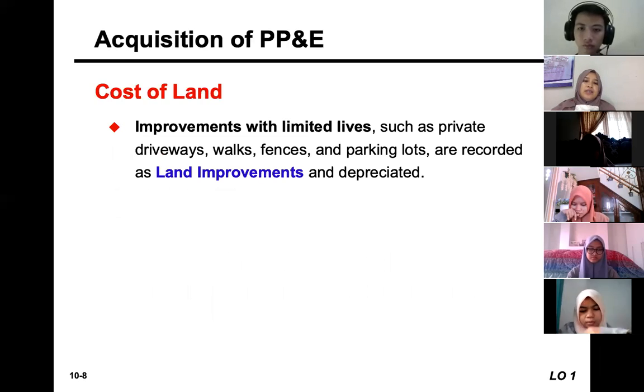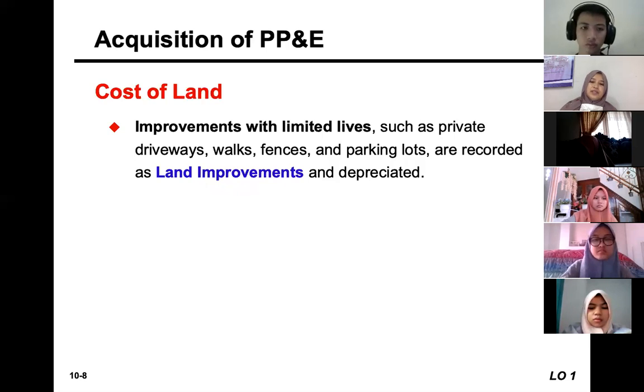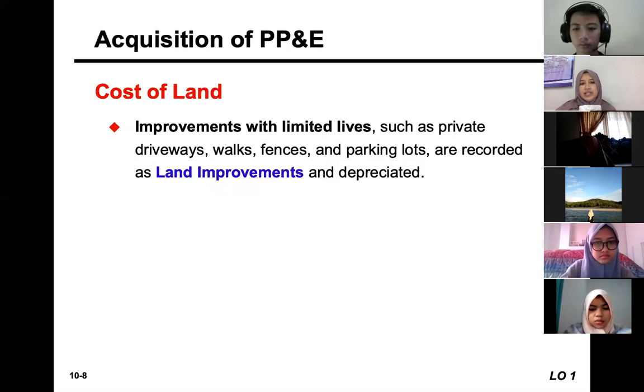Okay, any improvement with limited lives, such as walls, fences, pagar, parking lots, will be recorded as a land improvement and depreciated. So we have land improvement. So it is recorded differently, separately.